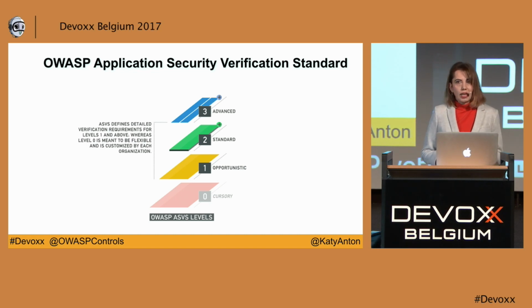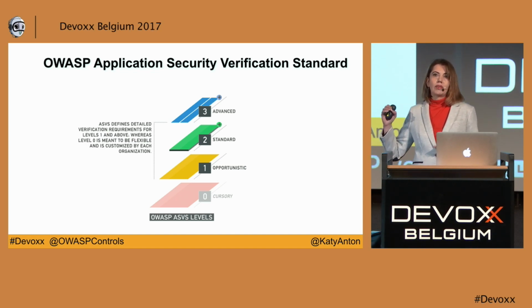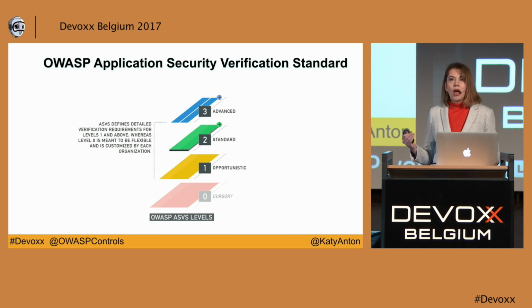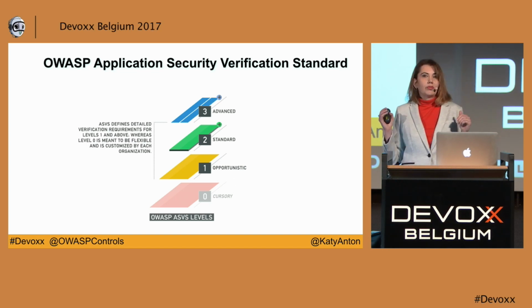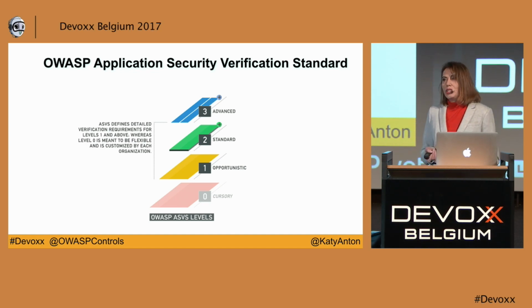How many of you have heard of ASVS? Few, great. This document helps you to choose the right level of security for your own application, where level 1 is the minimum level. Every application should be verified at a minimum level 1. Level 2 is for those applications that, in case of a data breach, okay, it's going to be embarrassing, it's going to create a little bit of a mess that needs to be cleaned up, but it's not going to be the end of the world.